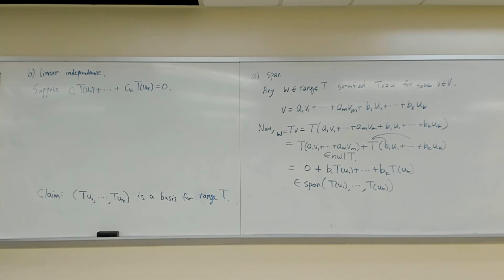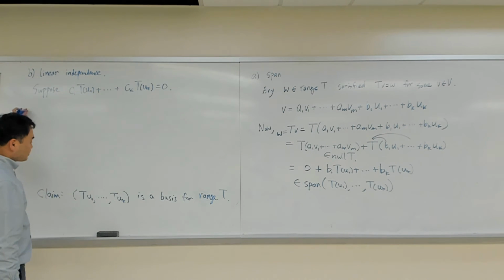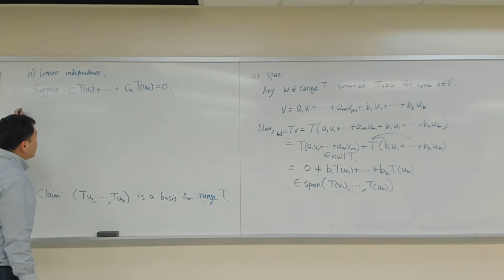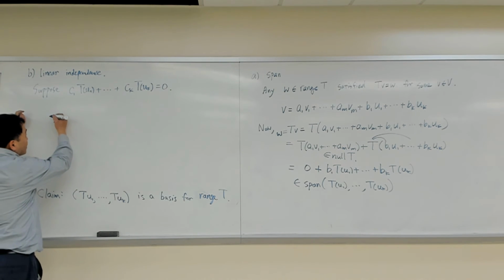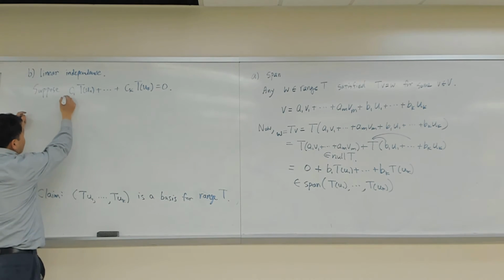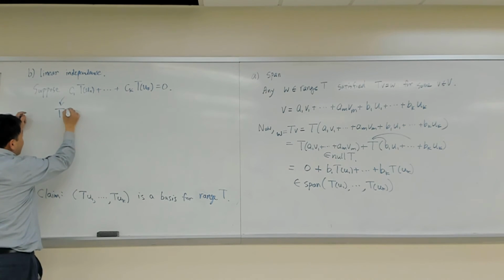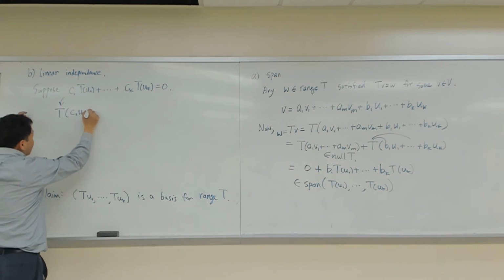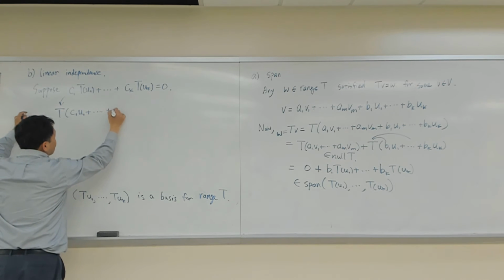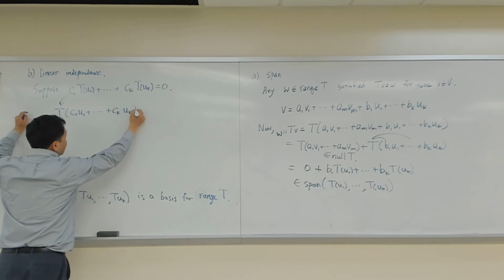And then we have to show that C1 through CK is 0, right? But then by linearity, this is the same as T of C1 U1 through CK UK equal to 0.